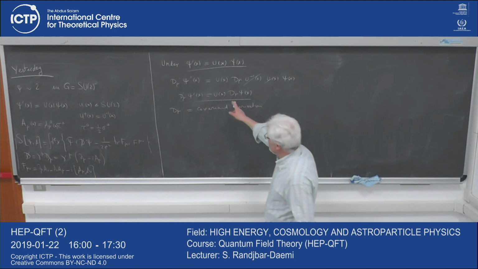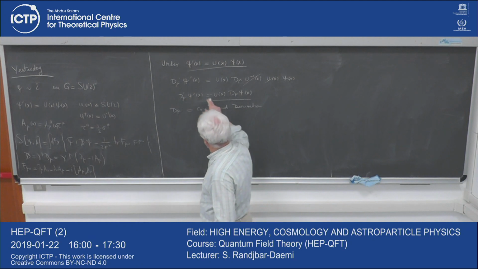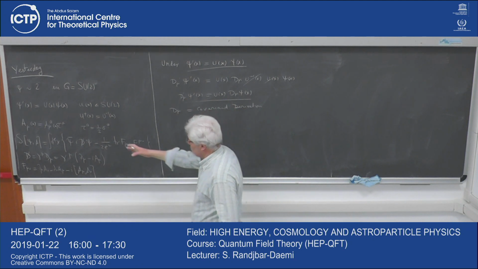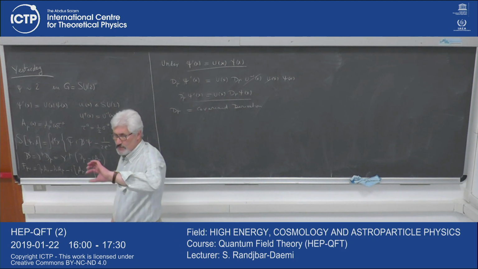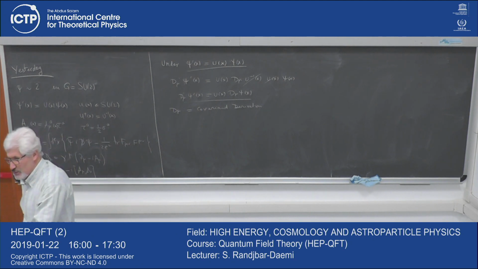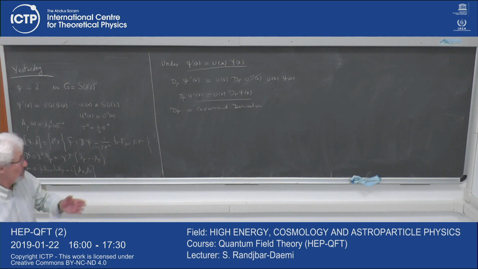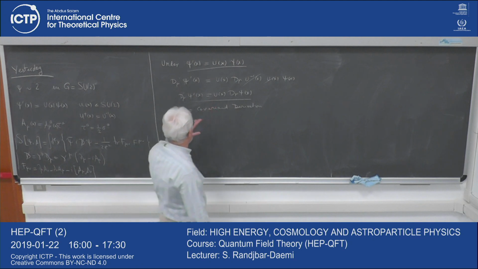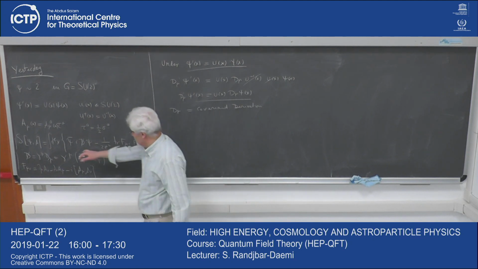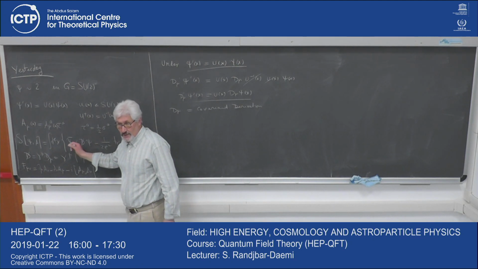Now, since the derivative is transforming in this way, psi bar is going to transform by psi bar times u dagger, then u dagger will cancel this u, and the whole term will remain invariant. Okay?